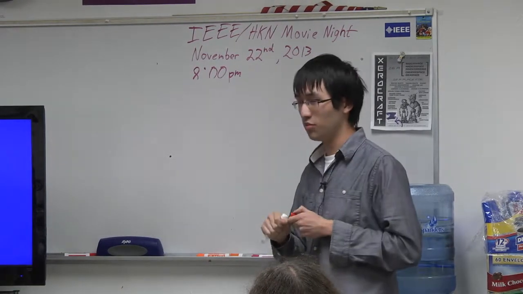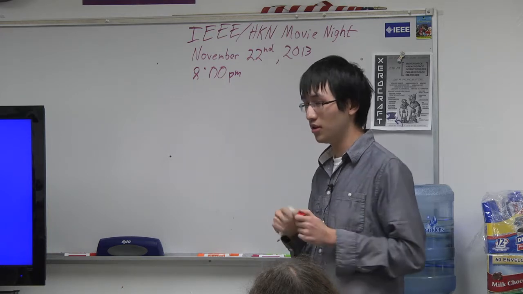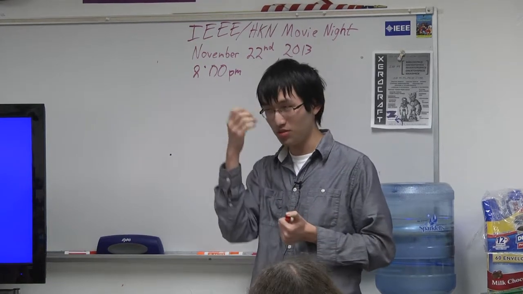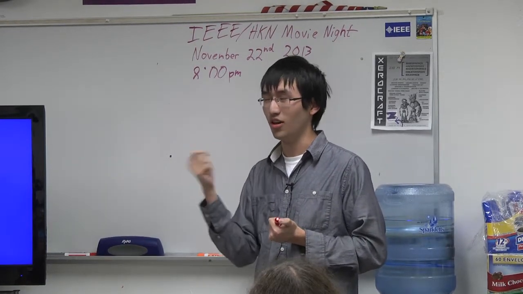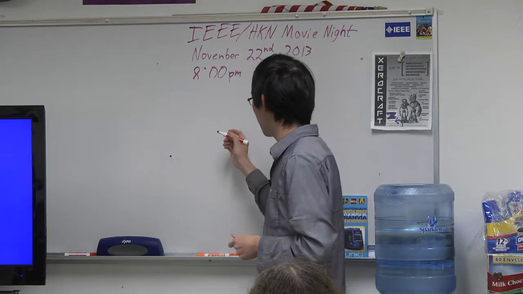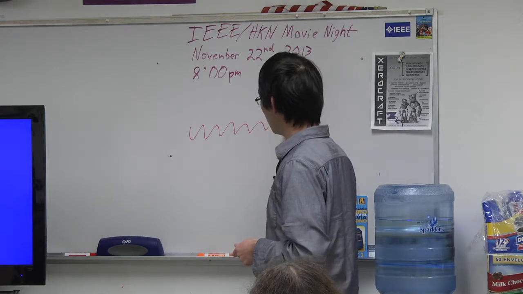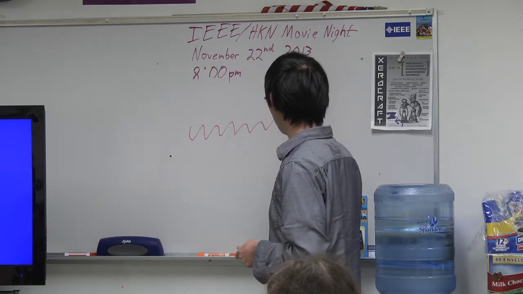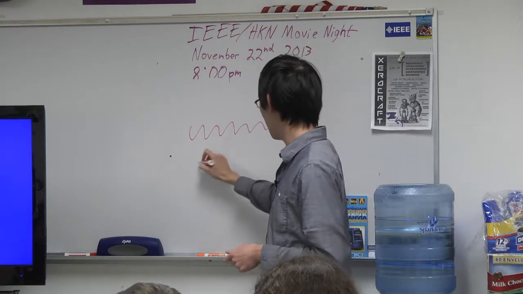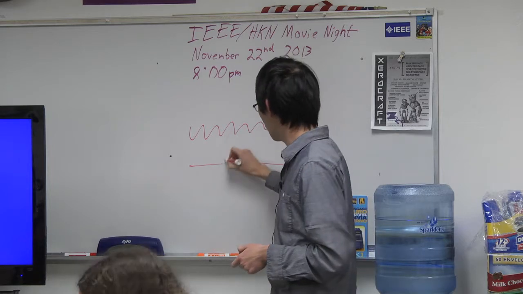MP3's compression algorithm is really, really complex. But basically how it works is it uses psychoacoustic models of how you perceive sound. Let's say you have some sort of guitar sound at about this loud amplitude, and then somewhere along here you have a drum beat that basically covers it up.